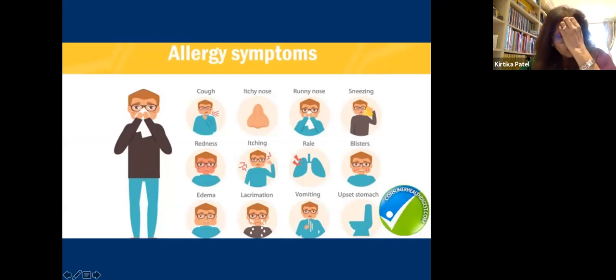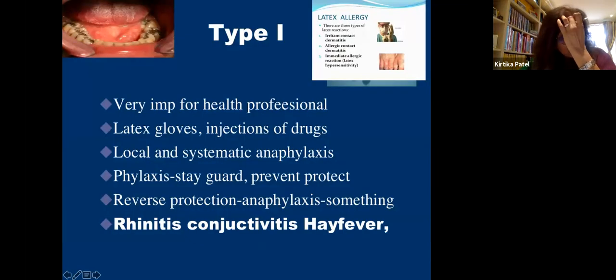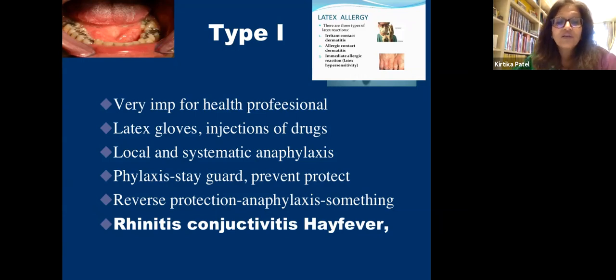And to recognize a type 1 reaction is very important. And now you will see a surge in allergies. Our generation didn't see a lot, but you will see a lot of children or patients with those reactions. And probably you can answer that question why later on, or you can ask me. So it's important that we know about them.